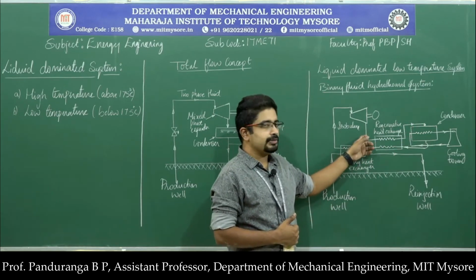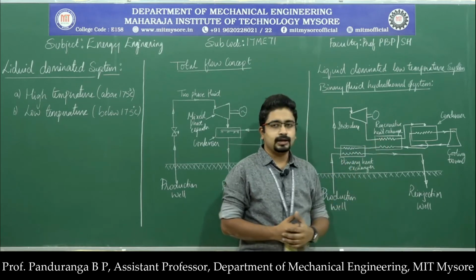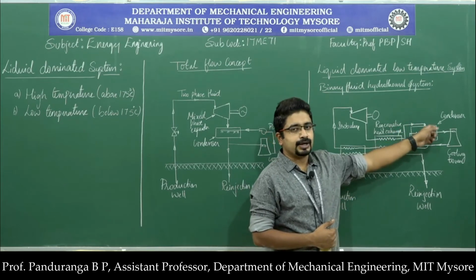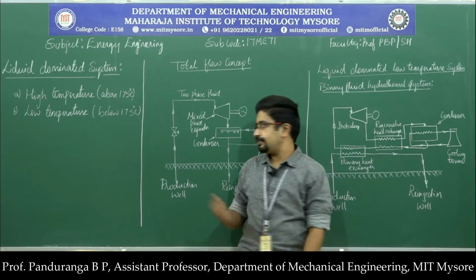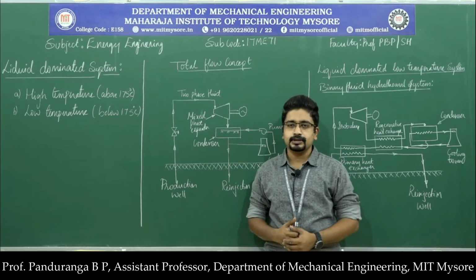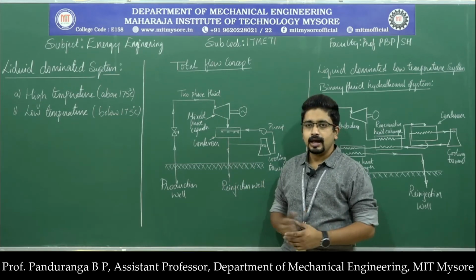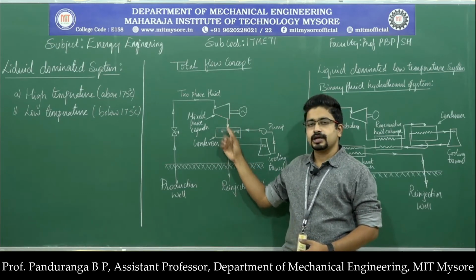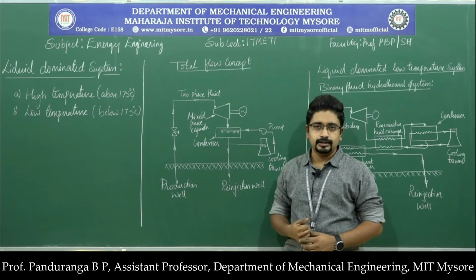So the mixed vapor and liquid isobutane coming out of the turbine will be passed through the regenerative heat exchanger and then passed through the condenser. In the previous case, in liquid dominated high temperature systems, for all the three systems we used a direct contact condenser, where the cooling fluid was water and the steam, or two-phase water, was coming out of the turbine.